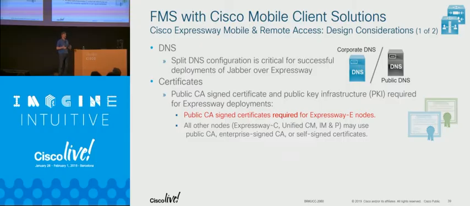That trust store is built into firmware, and it only has public CA root certificates in it. So if I'm going to do any kind of hardware phones, that's where the requirement for a publicly signed Expressway E certificate is. In theory, if you're just doing Jabber over MRA, you could get away with an enterprise CA signed certificate. But our recommendation is public CA.